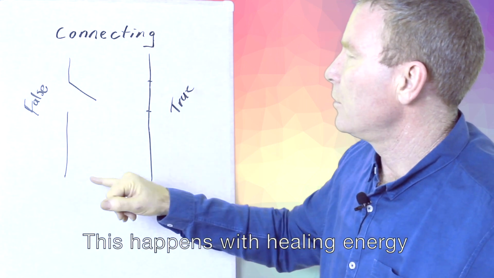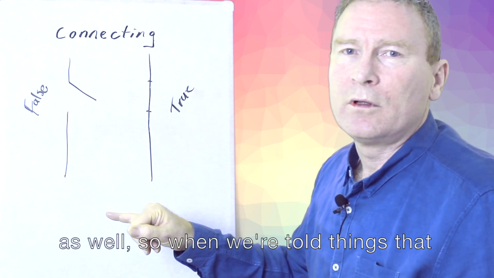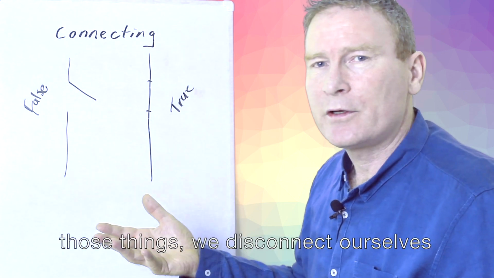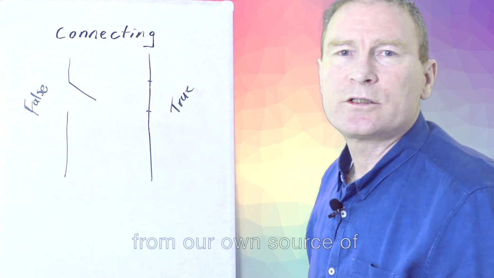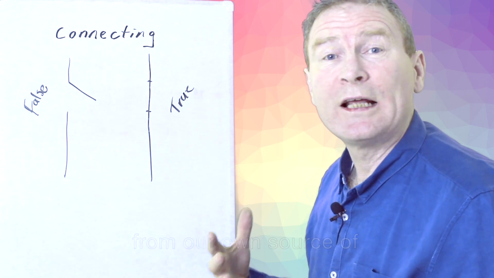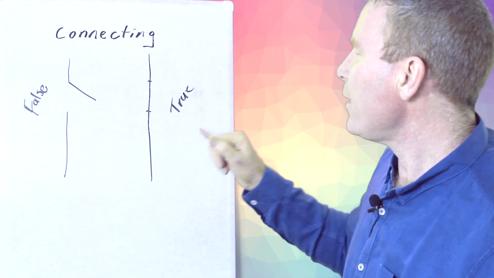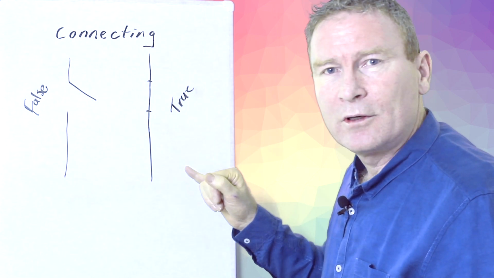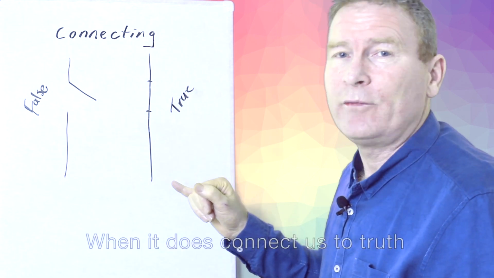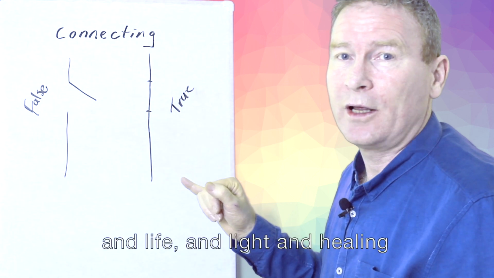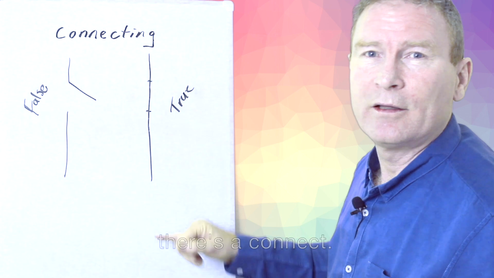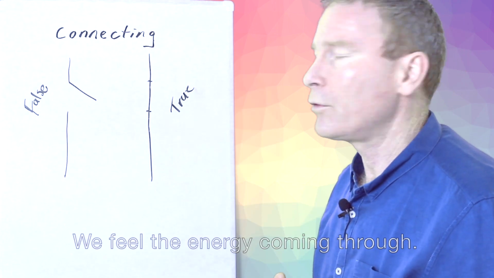And this happens with healing energy as well. So when we're told things that aren't true, when we believe those things, we disconnect ourselves from our own source of healing energy. On the other hand, when something is true, when it's real, and when it does exist, and when it does connect us to truth and life and light and healing energy and all those things, there's a connect, and we feel the energy coming through.